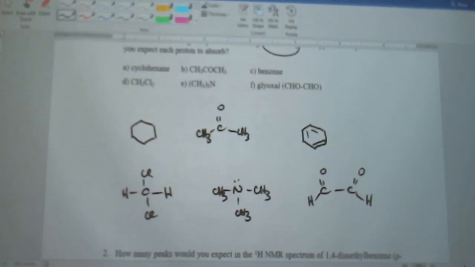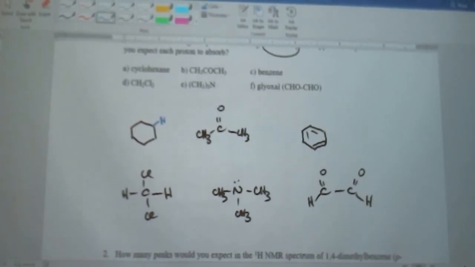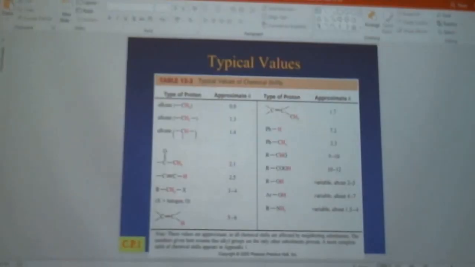Of course, we're going to get to look at molecules that absorb at different frequencies. But let's try to see whether it's this hydrogen, or this one, or this one, or any of the 12 hydrogens in this molecule. Where would you expect any one of the 12 hydrogens in cyclohexane to absorb? 1.3.